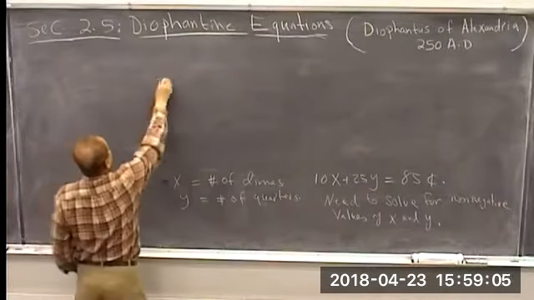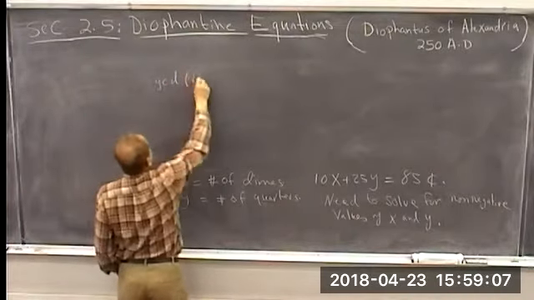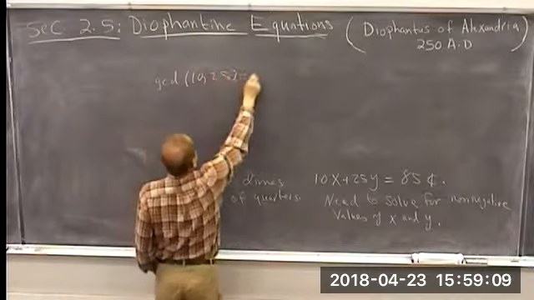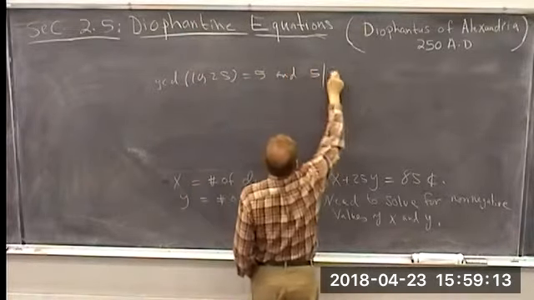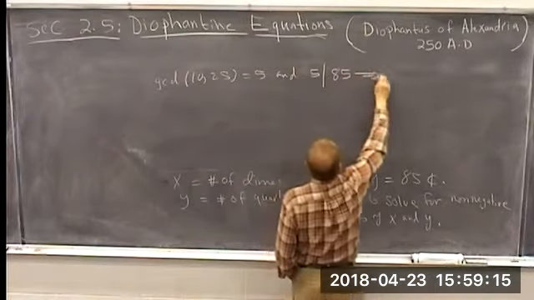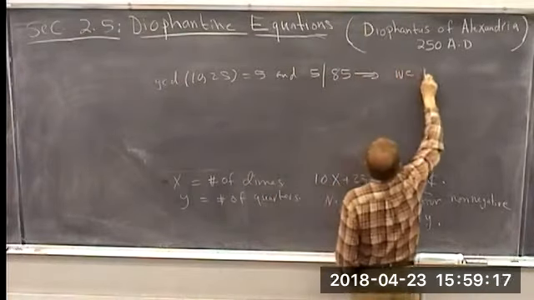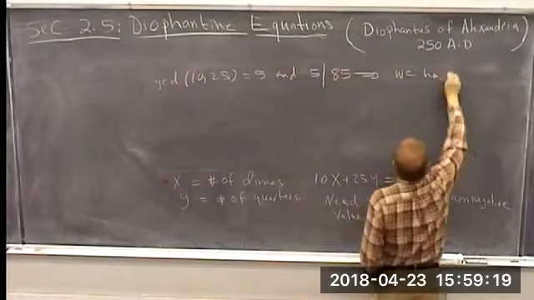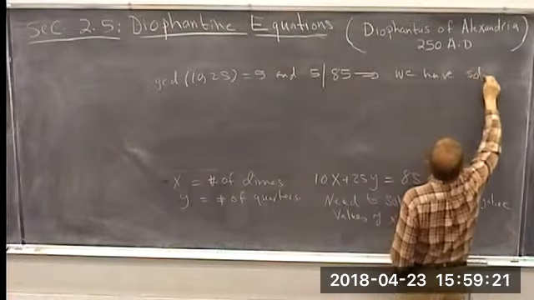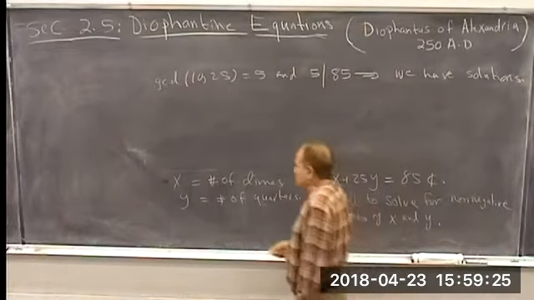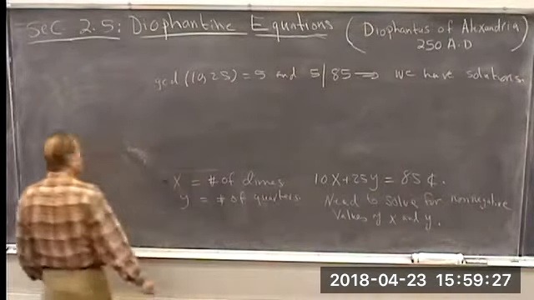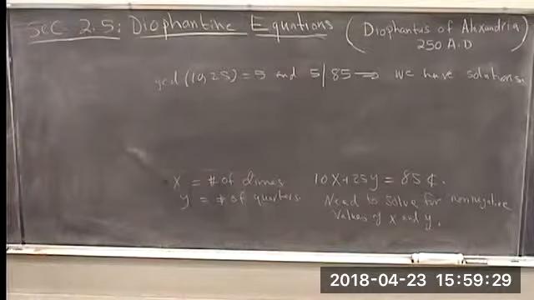So the greatest common divisor of 10 and 25 is equal to 5, and 5 divides 85. So this implies we have a solution. And the method we learned gives us actually all the solutions, all right?